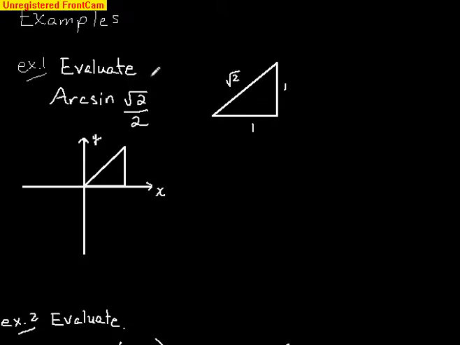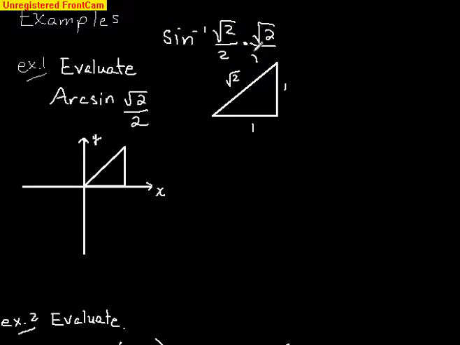Okay, we want to evaluate the arc sine, or, I like writing it like this better, the inverse sine of square root of 2 over 2. So what that's saying is, what angle has a sine of square root of 2 over 2? The first thing you need to do is put this back. This was rationalized, so you need to unrationalize it.